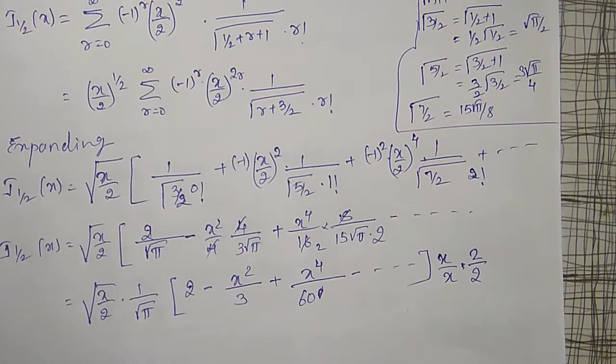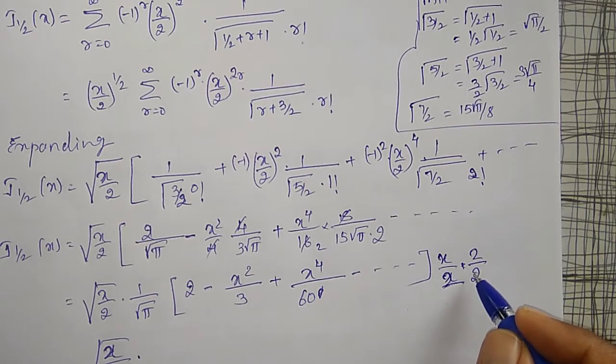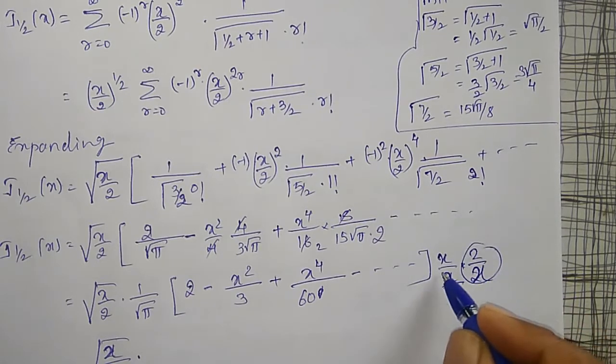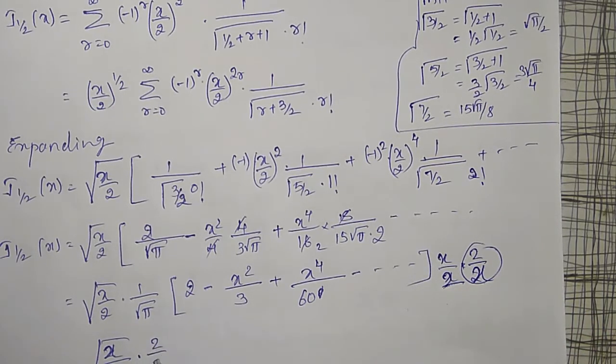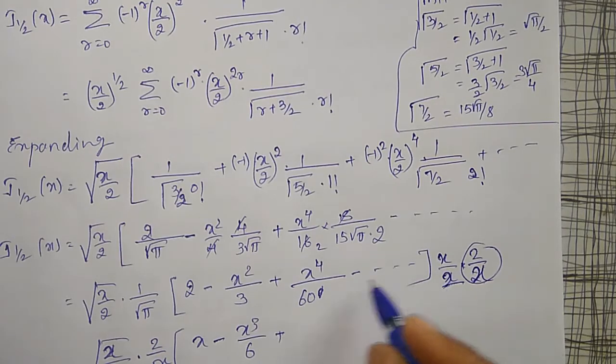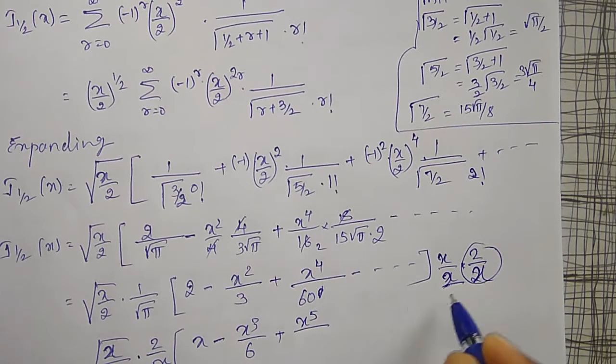Therefore, this will become square root of 2x divided by 2 pi into these two terms I am going to multiply inside. x divided by 2 I will take here, and this term I will take this side, that is 2 divided by x, and x divided by 2 I will multiply inside. 2 cancels, x minus x into x square, x cube divided by 2 into 3, 6, plus x into x raised to 4, x raised to 5 divided by 120, minus and so on.